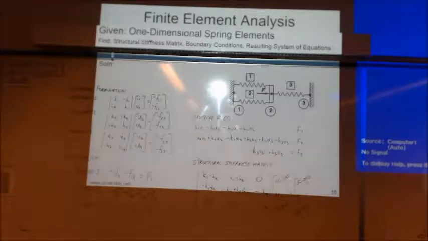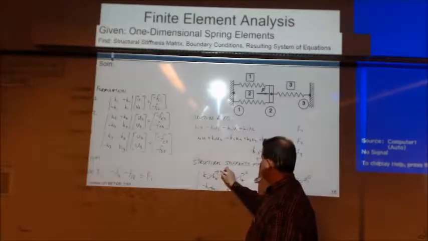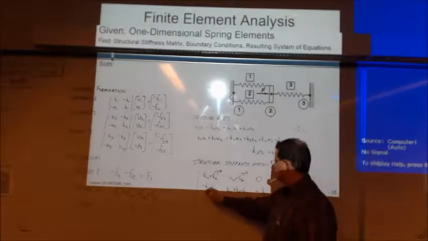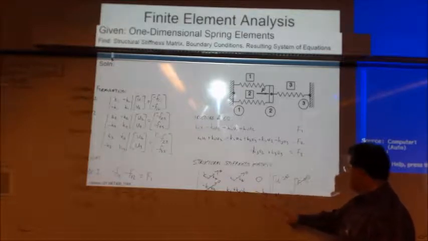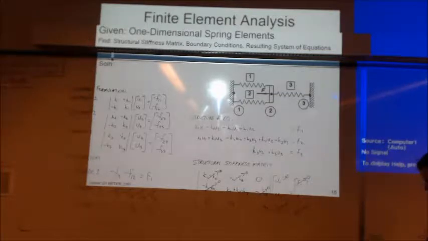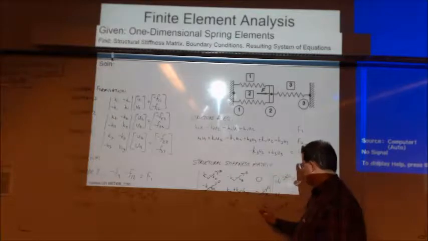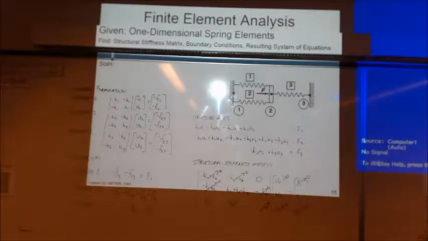Oh, that's not what I wanted, but okay. So this force is 0. These go to 0. This times that is going to be a 0. This times that is going to be a 0. And these guys go to 0 too. That makes sense?